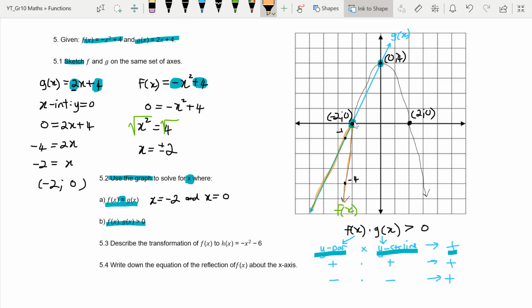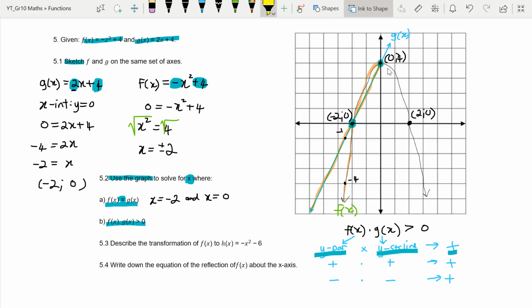So if I think about that, there, my straight line's y values are positive, and my parabola's y values are also positive. So that must also be part of our solution. But let's also just quickly look at this.